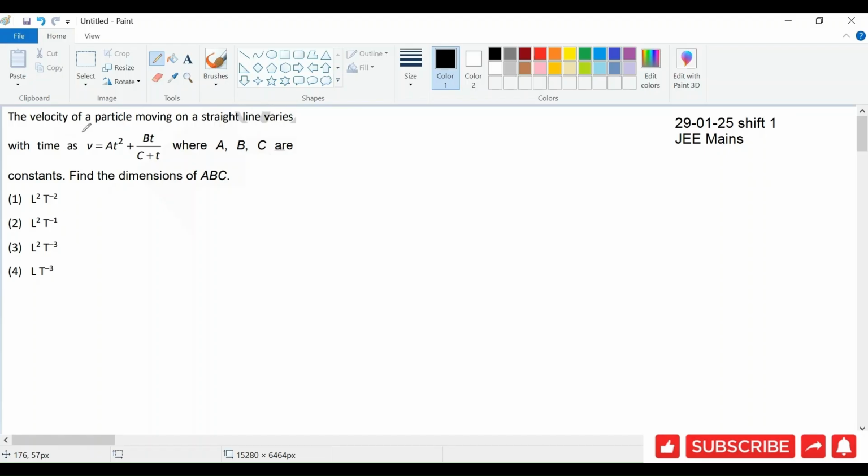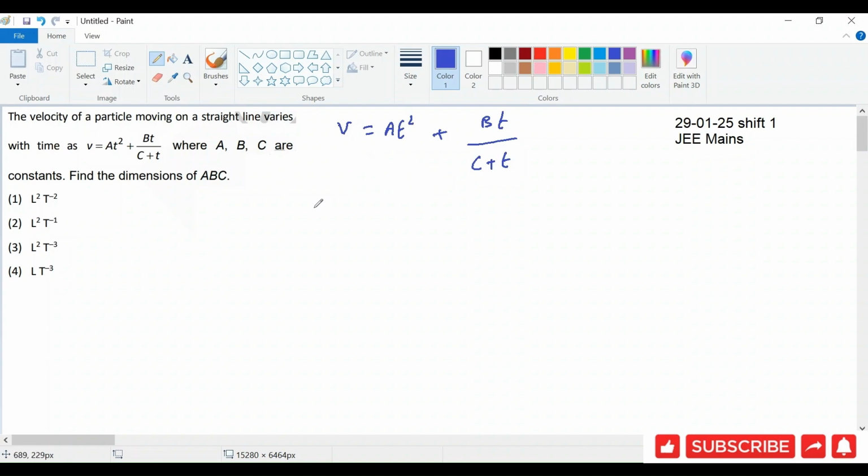Next question. The velocity of a particle moving in a straight line is given, and A, B, C are constants. Find the dimensional formula of ABC. We know V is equal to AT square plus BT by C plus T. We can equate only when dimensional formulas are equal.